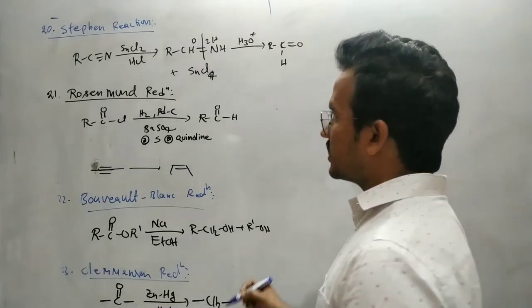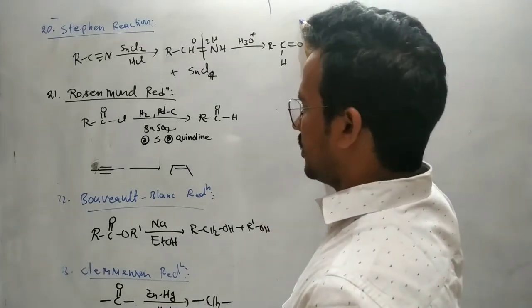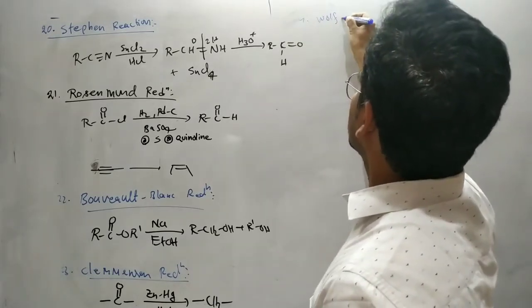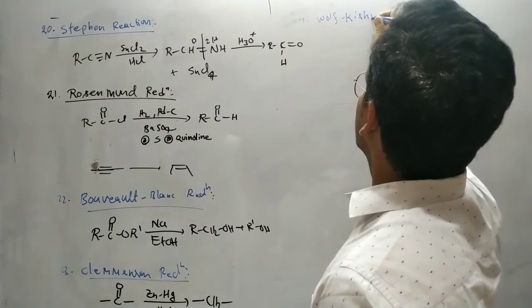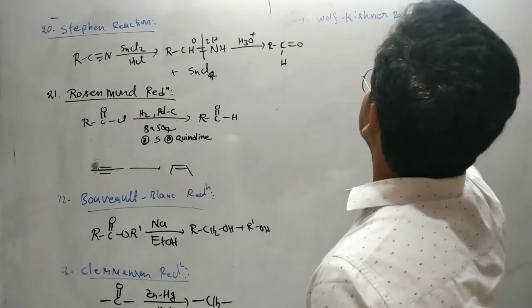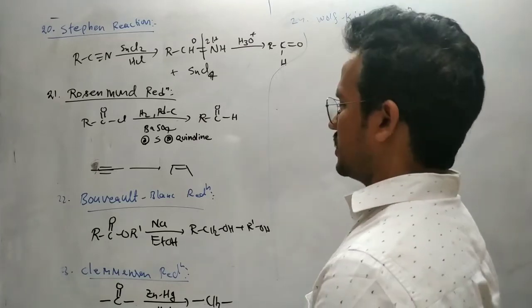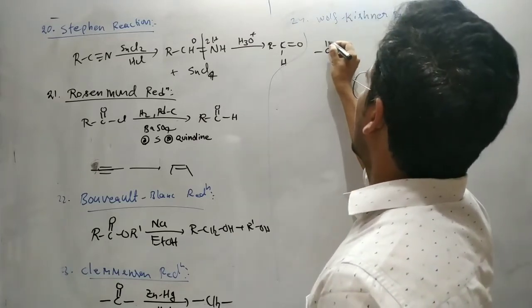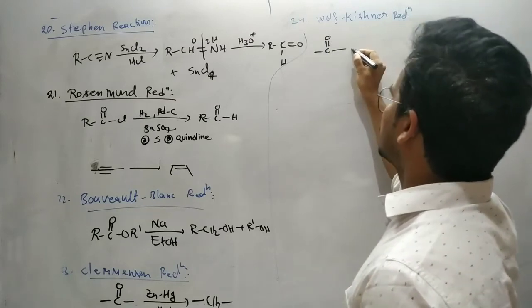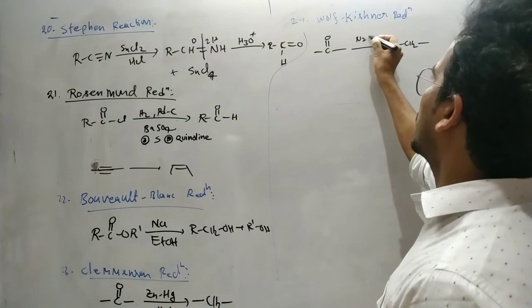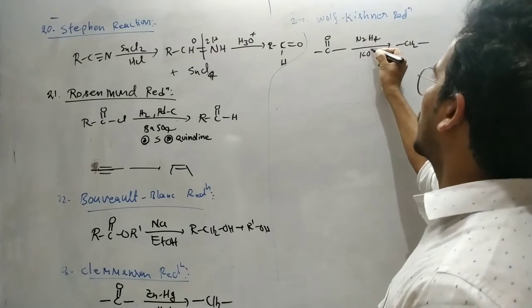A similar reaction is the Wolff-Kishner reduction, the 24th one. In the Wolff-Kishner reduction also, the carbonyl group is reduced to CH2 by reacting with N2H4 and KOH.